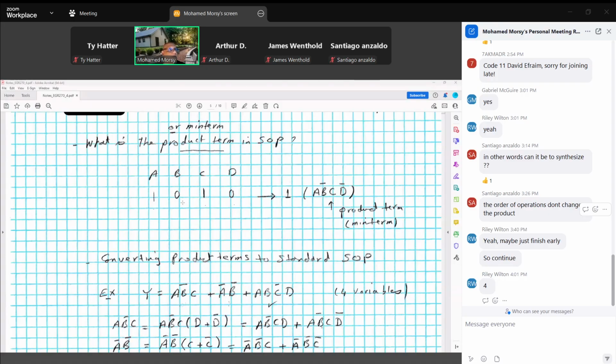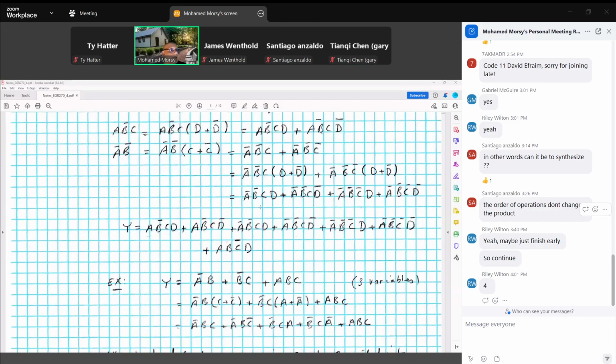If we multiply by B, this value will be 0, so it will not be the product term. The product term must be 1. Everyone sees this? Yes? Question? Okay.